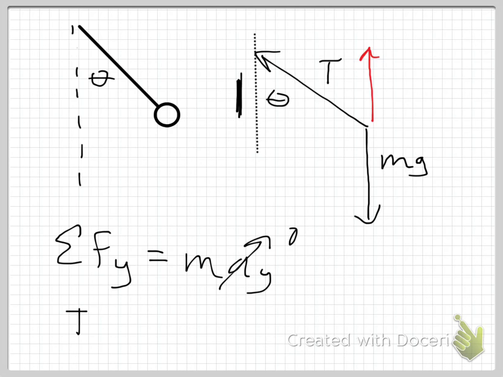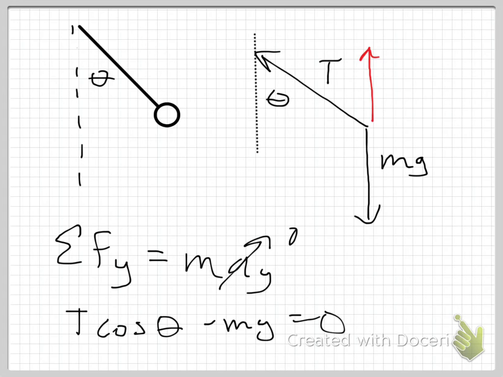So T cosine theta minus mg is equal to 0. Of course, T, then, is equal to mg divided by cosine of theta. Make sure I got that right: T cosine theta is equal to mg, which means T is equal to mg divided by cosine theta.